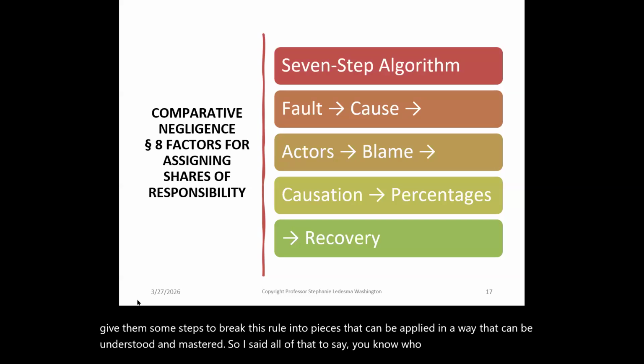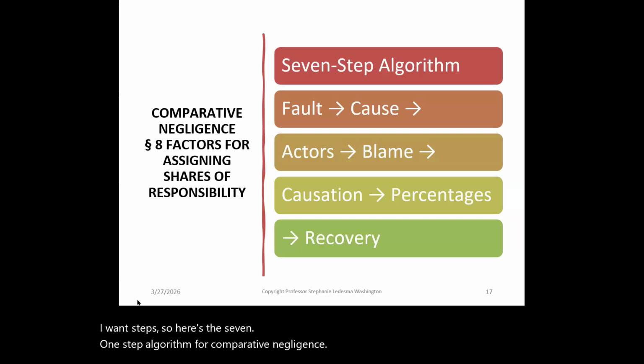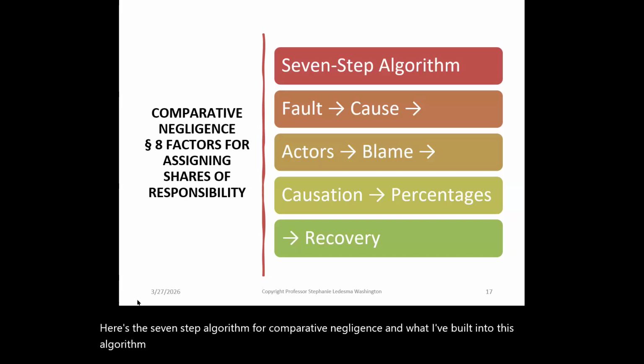I want steps. So here's the 7-step algorithm for comparative negligence. And what I've built into this algorithm are those factors that Restatement Third of Torts, section 8 tells me that we need to apply.